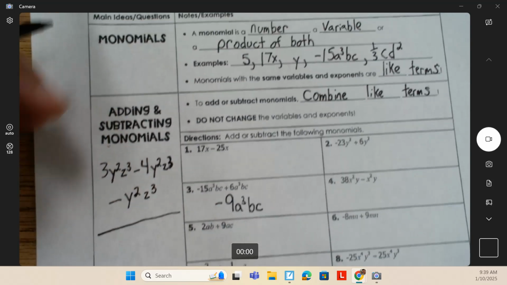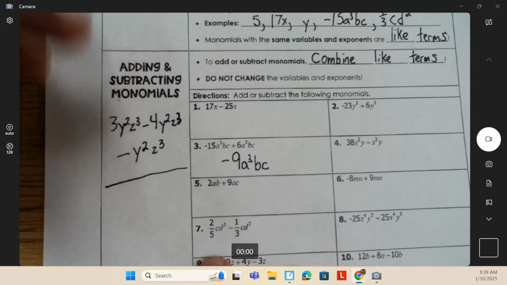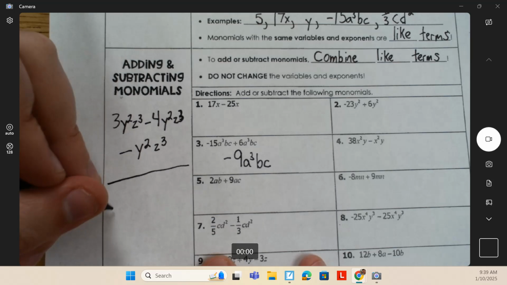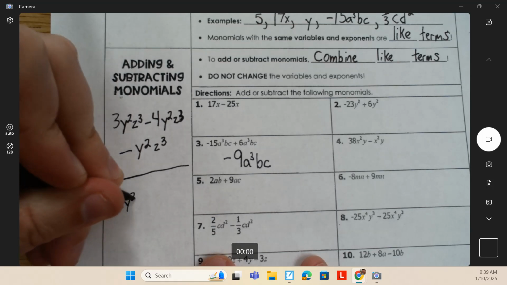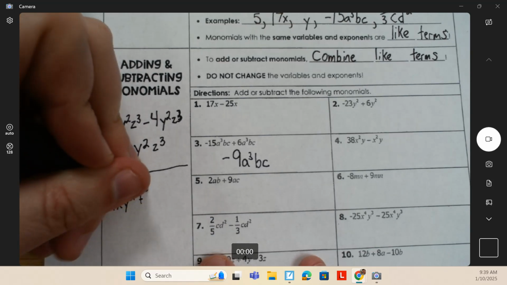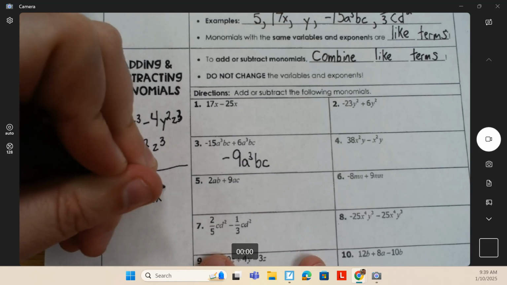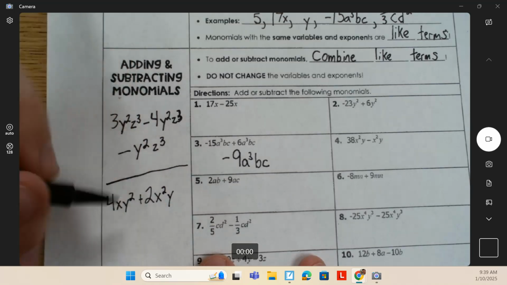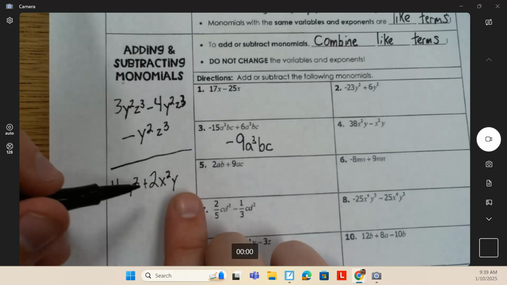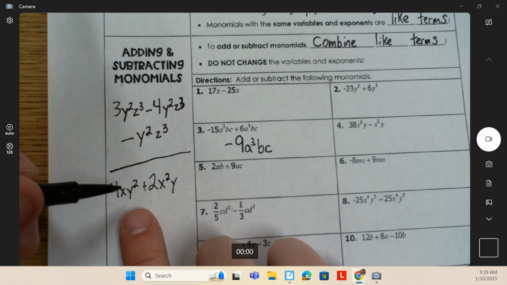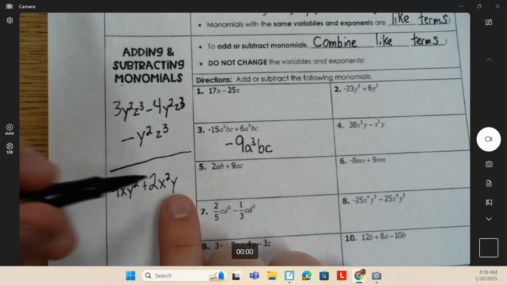Make sure that you're checking, because if you have something like 4x y squared plus 2x squared y, now these are not the same terms. They both got x's and y's, but for one of them the y is squared, the other one is the x is squared.